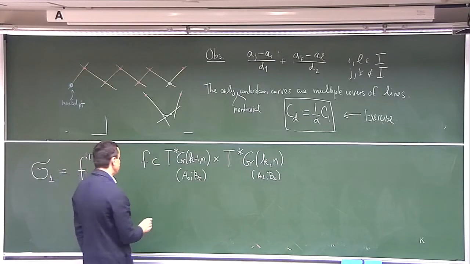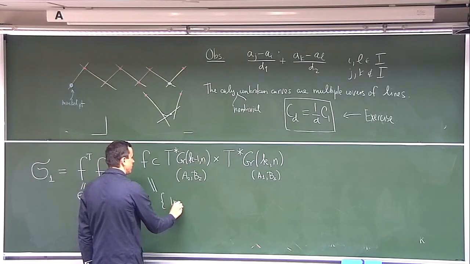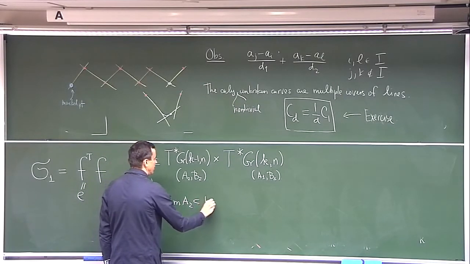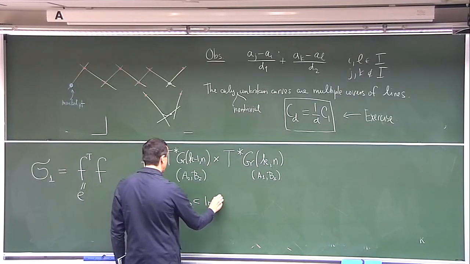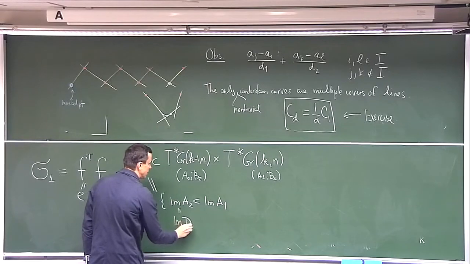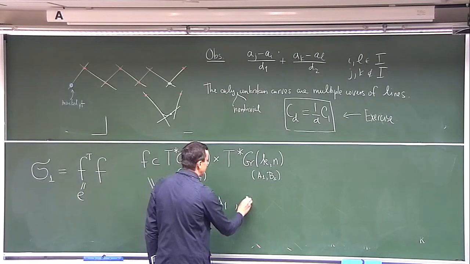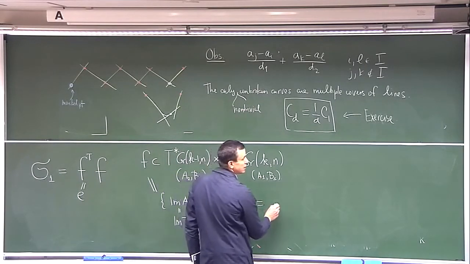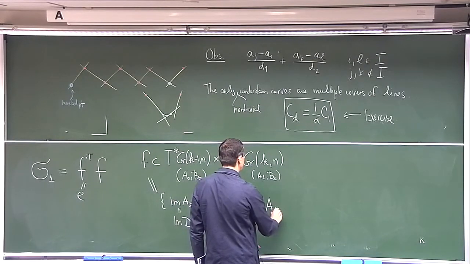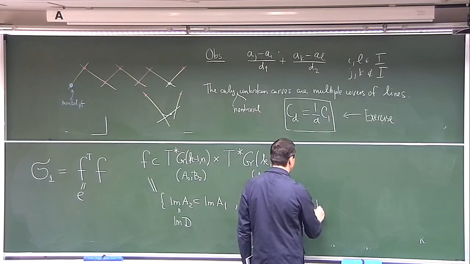The correspondence consists of pairs such that the image of A2 is contained in the image of A1, which is my image of D, and secondly, the operator Z, which is A1 B1, also equals A2 B2.